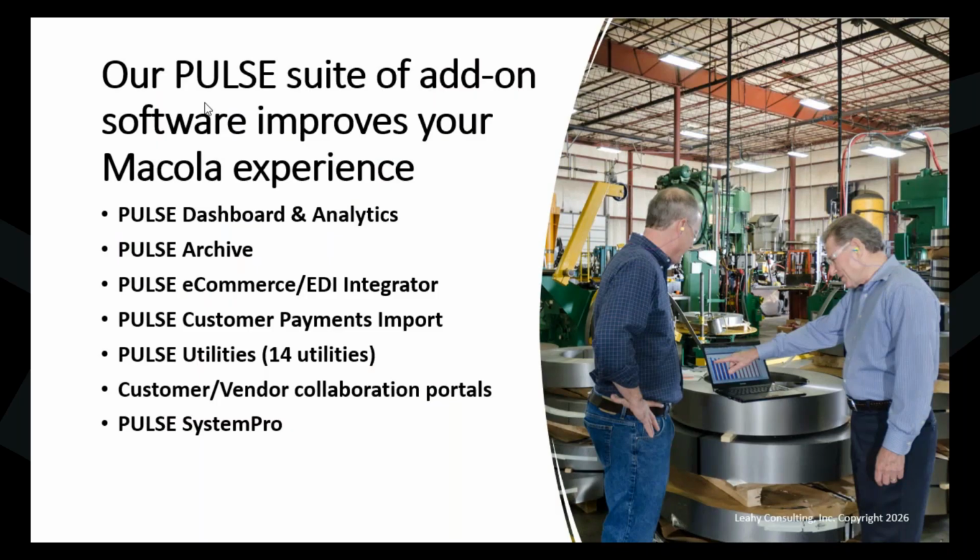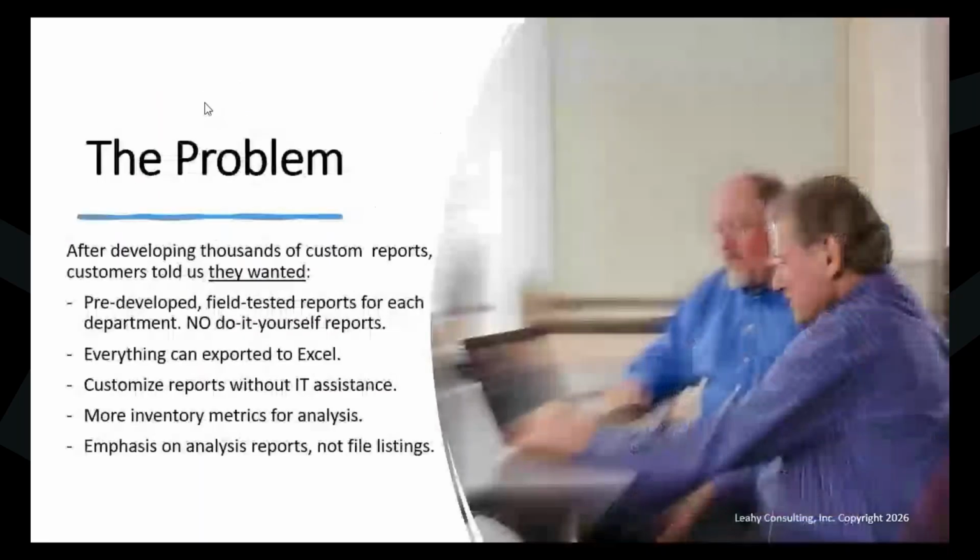We have what used to be called cash receipts or lockbox, now customer payments importing. We have a whole series of utilities, a series of portals, and then System Pro, which optimizes your SQL Server running on your machine with your Macola database.